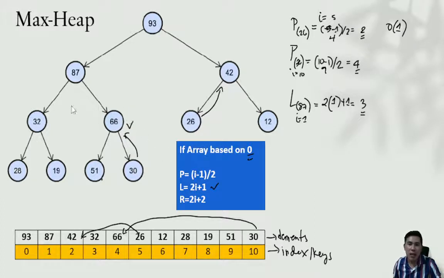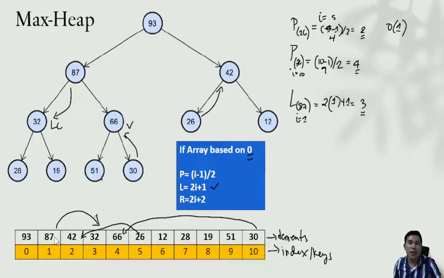We have here 87, and the left child is 32. Let's look in our array: the left child of 87 is the element at the index which has 32. So there you are.